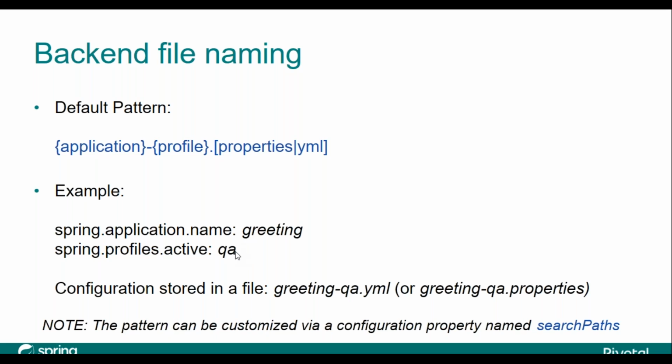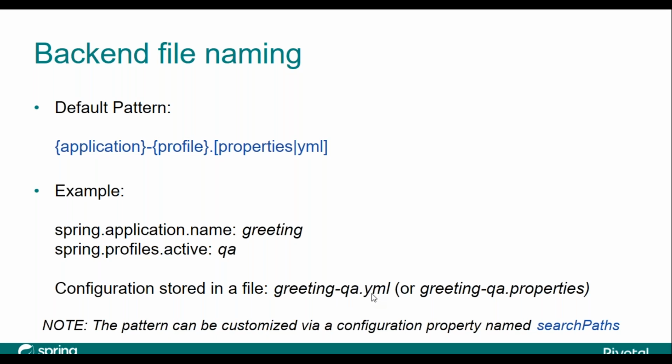Now, if this is configured in your bootstrap.yml file, what should the configuration file stored in the backend server be? I would be storing it as greeting, that would be my application name, followed by dash profile, which would be a qa.yml file.